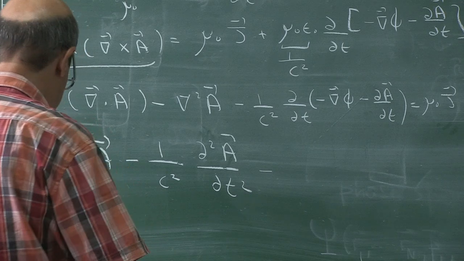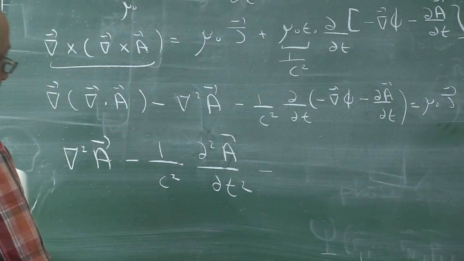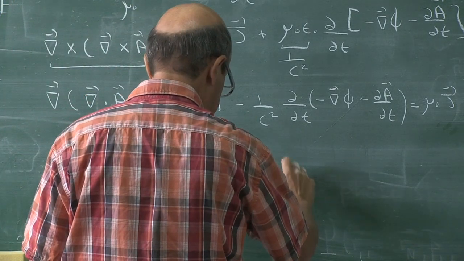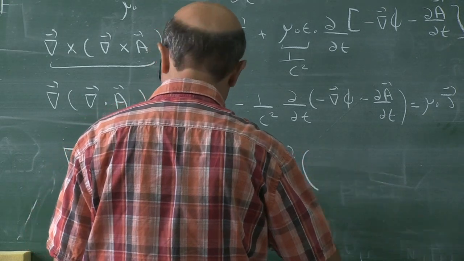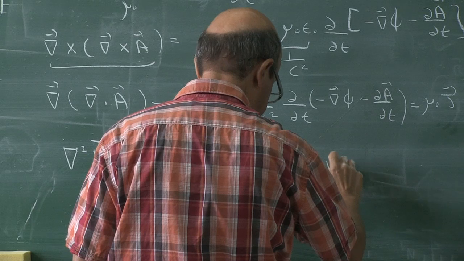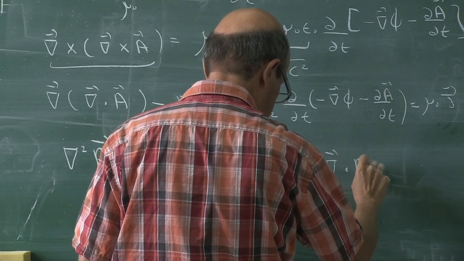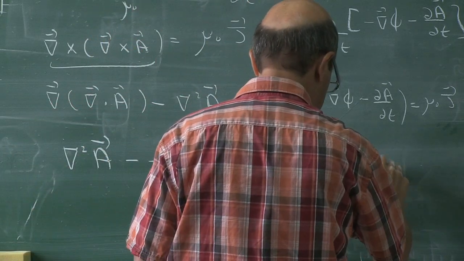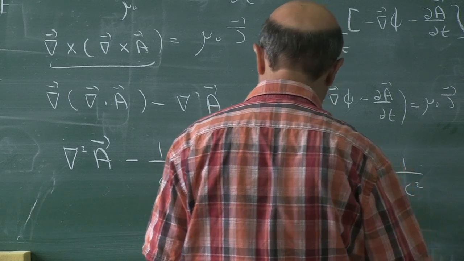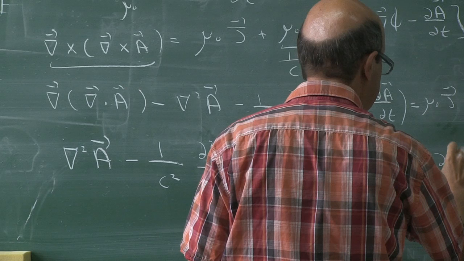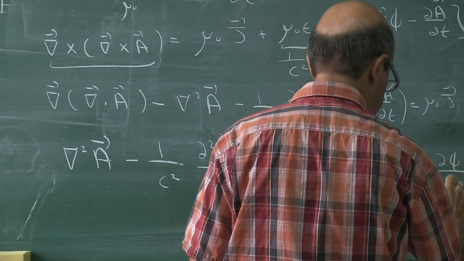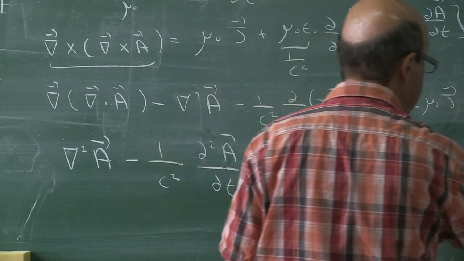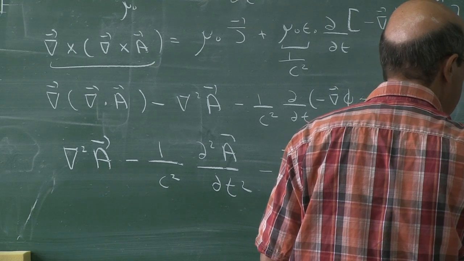Then you have the gradient here, somewhere you have the gradient there. So take the gradient, parenthesis. You have divergence of A plus 1 over c square del scalar potential phi over del t. Since I multiply everything with minus, that would be mu 0 times the current density.